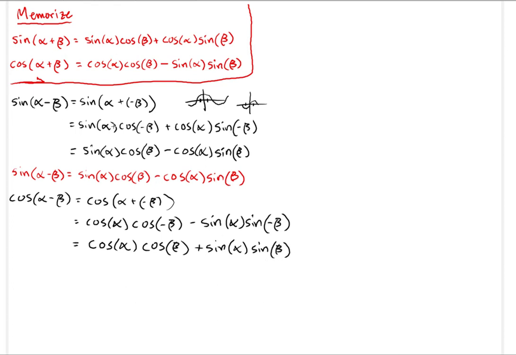So if I had forgotten it, then that would remind me that cosine of alpha minus beta equals cosine, cosine, sine, sine with a plus in the middle.